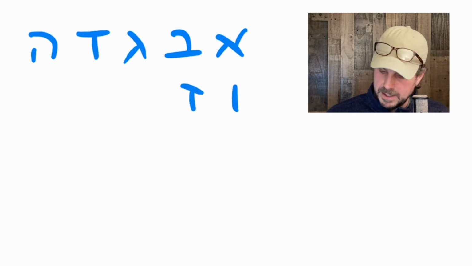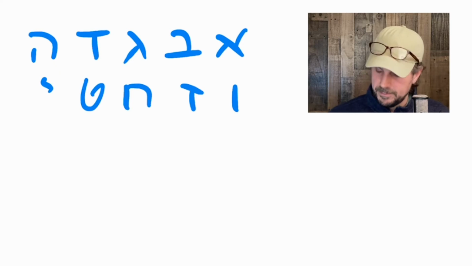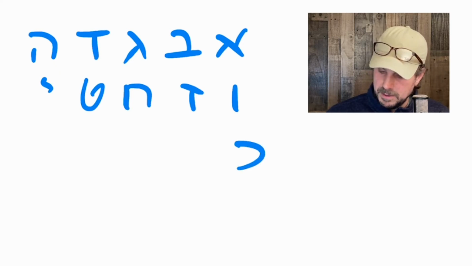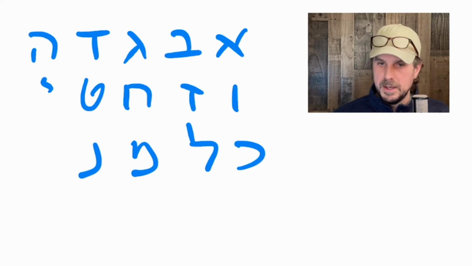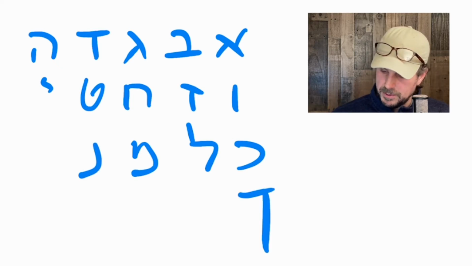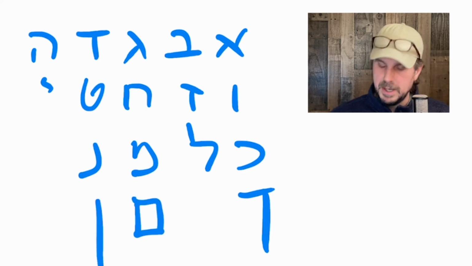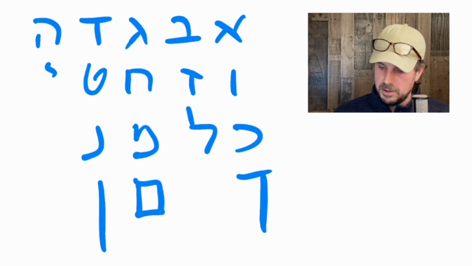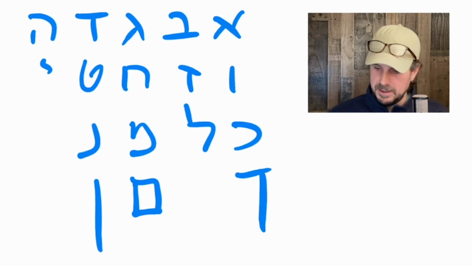Vav, Zayin, Chet, Tet, Yod. Kaf, Lamed, Mem, Nun. Now, I have my Kaf Sofit, my Mem Sofit, and my Nun Sofit. So there's all the forms we've learned right there.